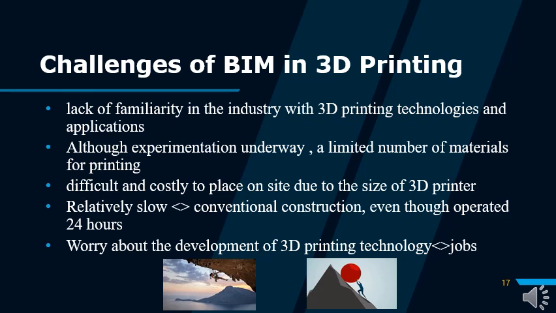It may be difficult to find the storage area and it will be costly to place on site. The printers are currently slow compared to conventional construction, although they can be operated 24 hours a day. On the other hand, someone may worry that the development of 3D printing technology will take jobs from thousands of quality workers.